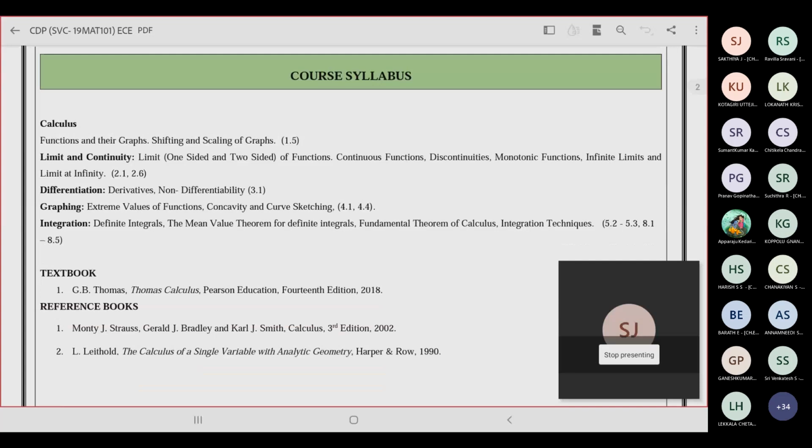And see your course overview. The course syllabus includes calculus. Inside calculus: functions and their graphs, shifting, scaling and graphs. Second unit: limit and continuity, limit of a function, continuous functions, discontinuous functions, monotonic functions, infinite limits, and limits at infinity.